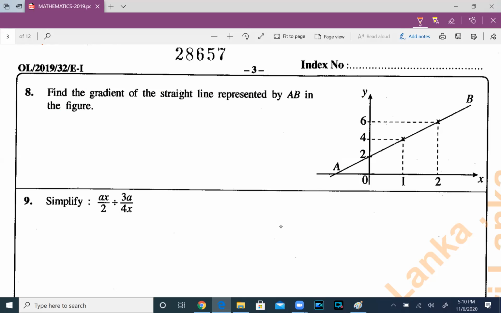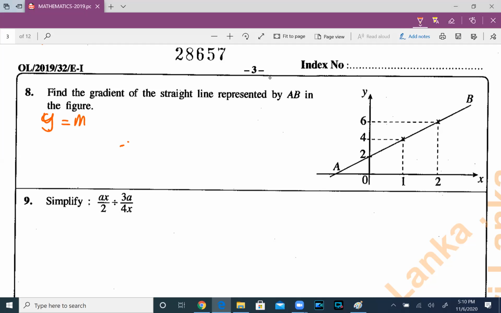So to find the gradient, first of all you should know the equation of it.